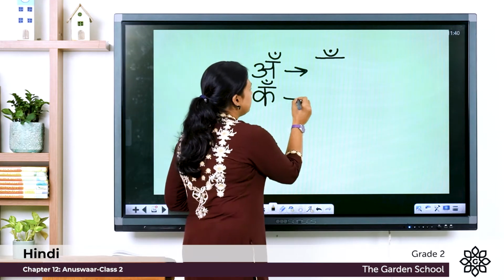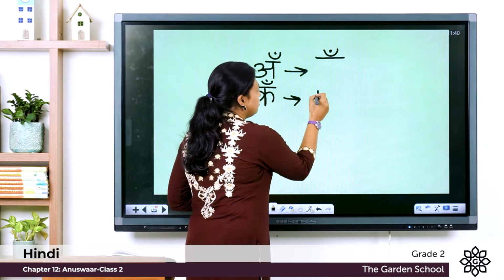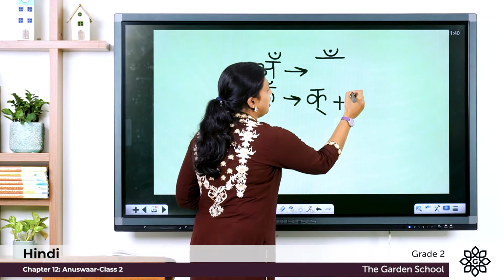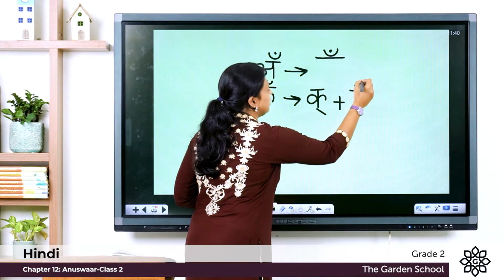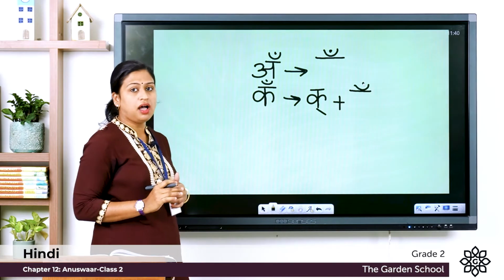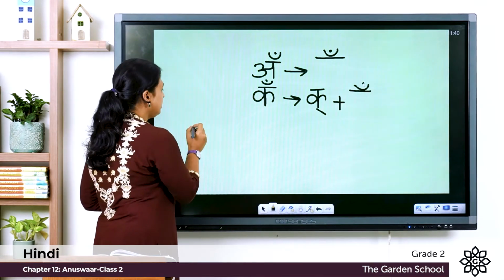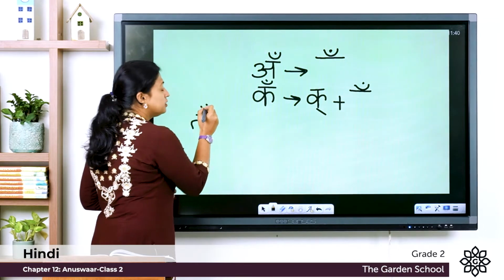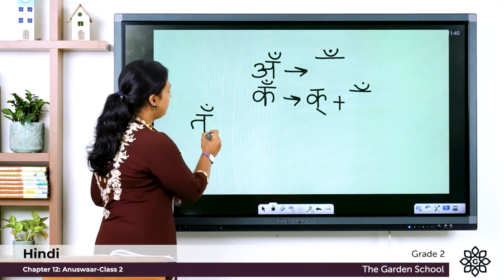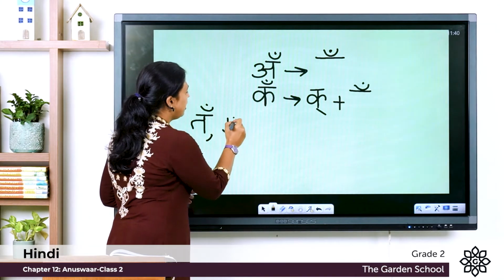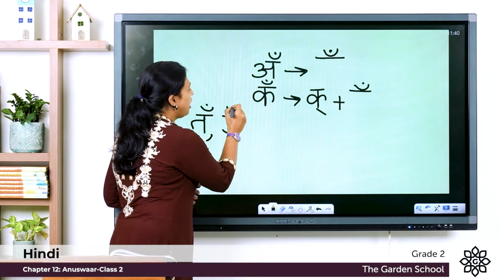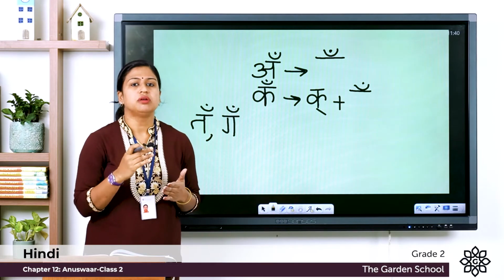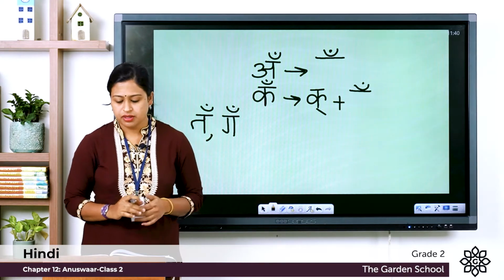So that means short sound of Ka plus this A symbol and we pronounce it Ka. Same way, if we are using it with Vyanjan letter Ta, we say Ta, or when we are using it with Ga, we say Ga. So we pronounce it with both mouth and nose.